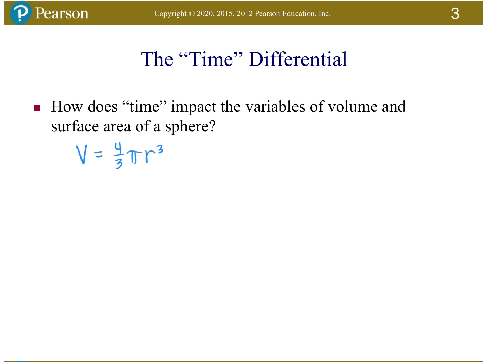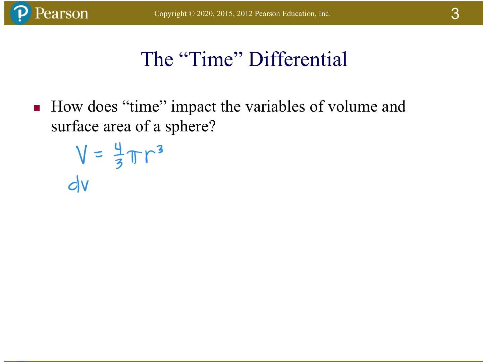That is just a sphere that's not moving. Suppose we start pumping air into this sphere. Now the sphere is growing larger. We've now put the sphere in motion, and that is going to be dV/dt.